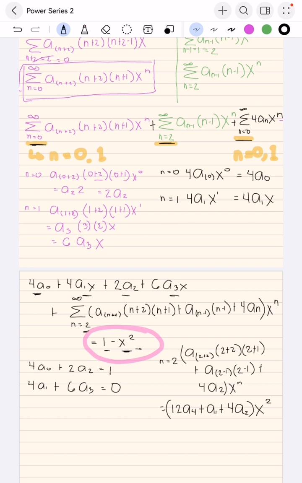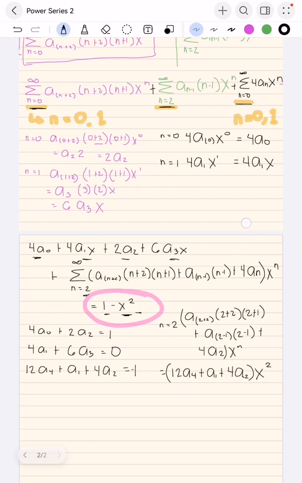So for the x squared, that would be 12a4 plus a1 plus 4a2 is equals to -1. So that would be the condition of it.